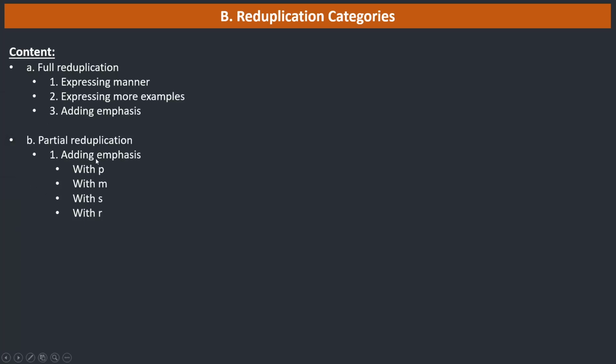That's the full reduplication. And sometimes you can do it partially, like you can repeat a part of it. That's the simsiyah part. You can see the letters already. It only adds emphasis.